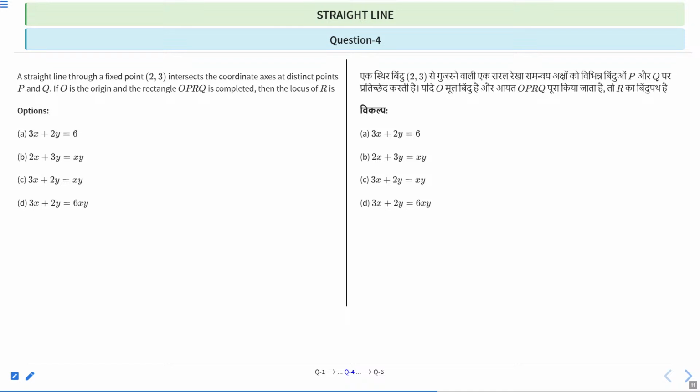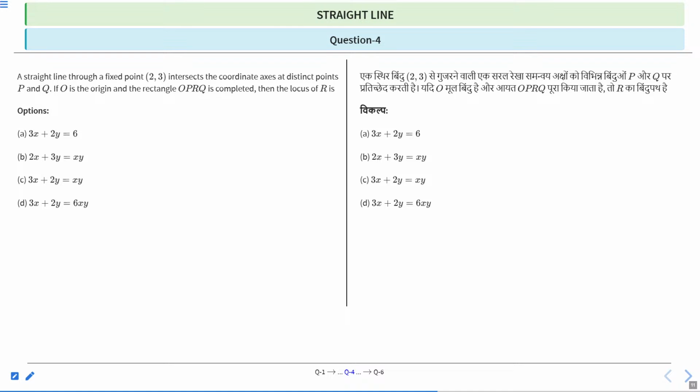We can write the equation of the straight line in intercept form, in which it intersects the x-axis at P and the y-axis at Q. Since O is the origin, OPRQ will form a rectangle, and we have to find the locus of R. First we can put the coordinates of R as (h, k), and after that apply the conditions given in the question to eliminate the different constants and convert the equation in terms of h and k.